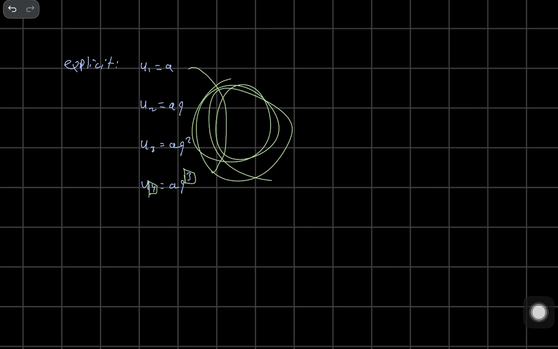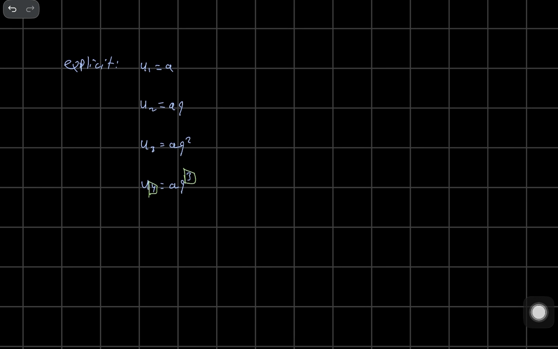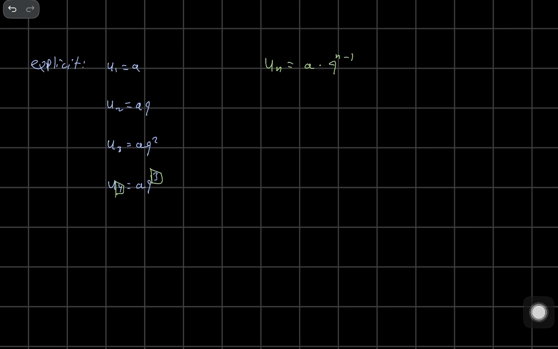So un is equal to the first one multiplied by q raised to the power of the number of steps. It's obviously n minus 1 steps, because we are excluding the first one.